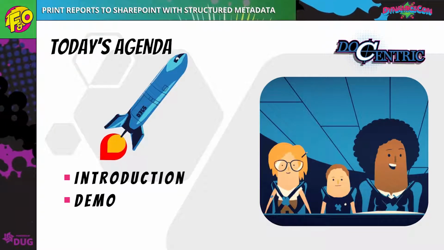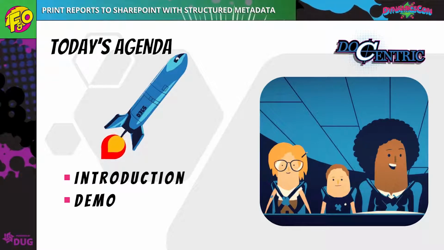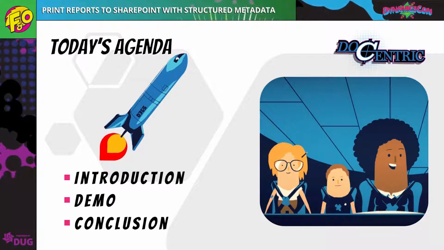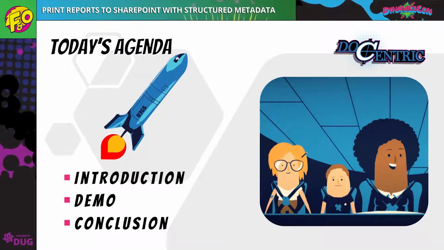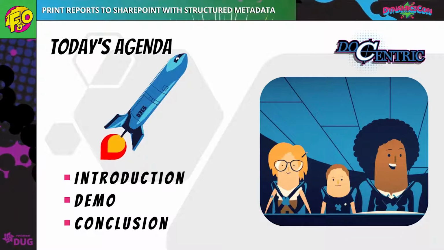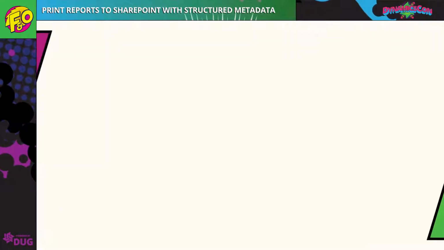And the same scenario can be applied to any business document. I will also show you how to use our SharePoint APIs to achieve the same scenario on Vendor Invoices. And at the end, we will make a review of the presented material, and I will announce the next steps for those among you who would like to learn more about Docentric or would even like to give it a test run.